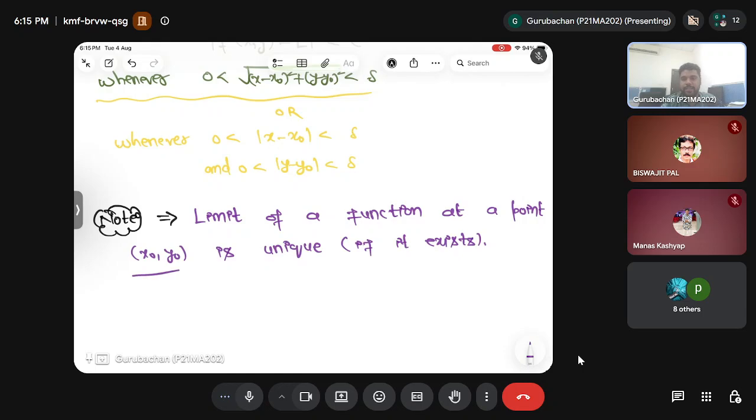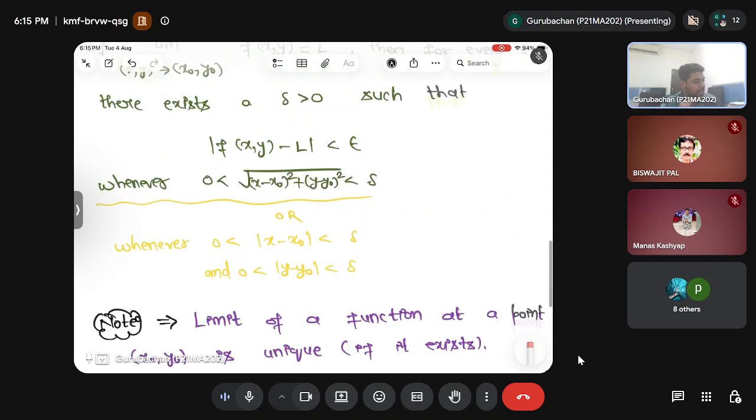It is also the case in one variable also. The thing will be replaced by only x naught rather than saying (x naught, y naught). So limit will be unique, but the only thing is that it should exist.